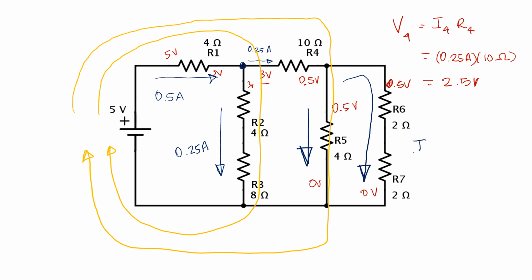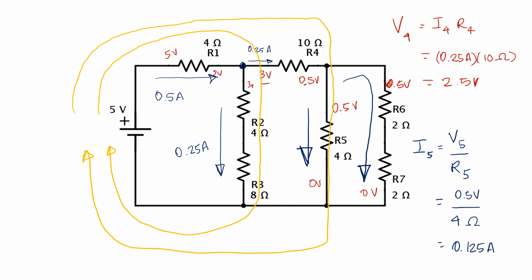So the current through the 5th resistor is equal to the potential difference across the 5th resistor divided by the resistance of the 5th resistor. So in our case, we know this is half a volt, and the resistance is 4 ohms. So we're going to take 1/2, divide by 4, and we get 0.125 amps through that piece.